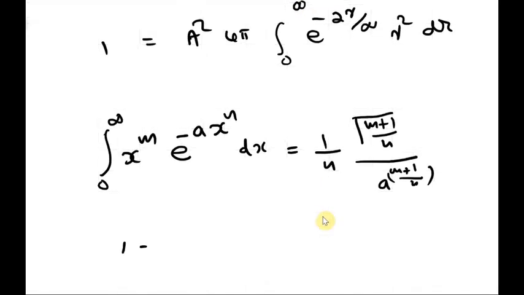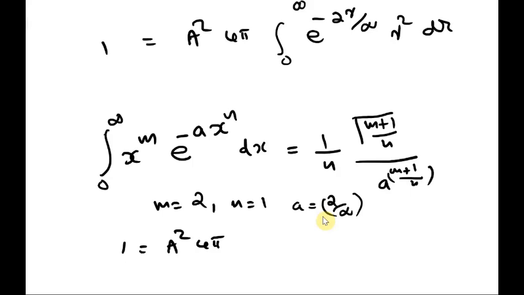This will give me 1 equal to A squared 4 pi. Here my m is equal to 2, n is equal to, x raised to r raised to what, nothing, so 1. And a is 2 by alpha. So 1 by n is 1 by 1, gamma of (m plus 1), which is 3, divided by 2 power 3 and alpha power 3.